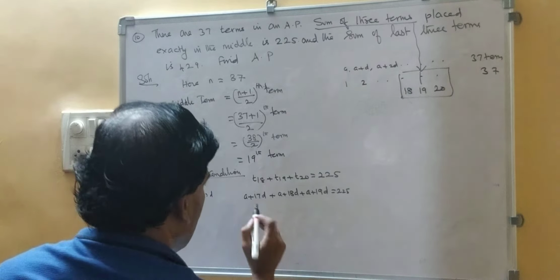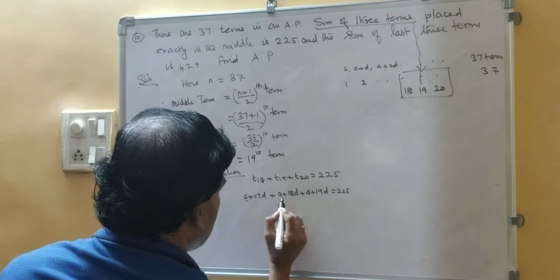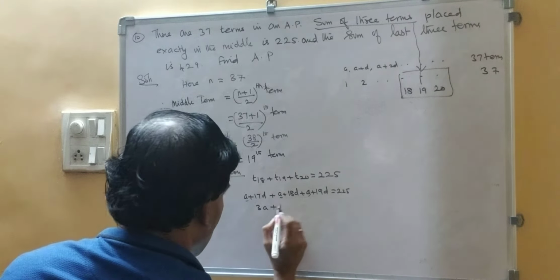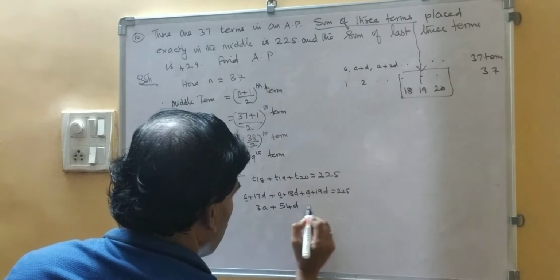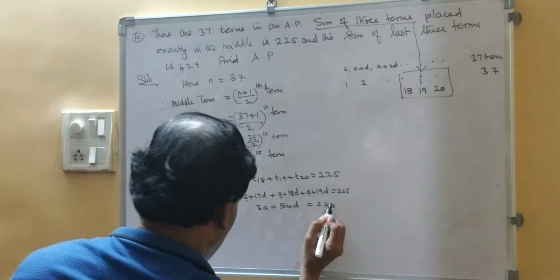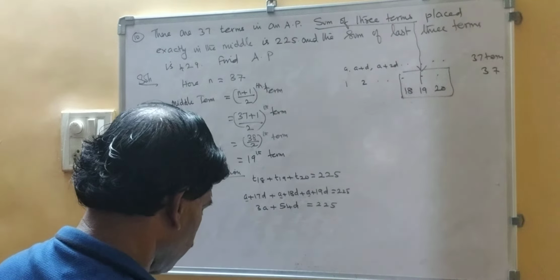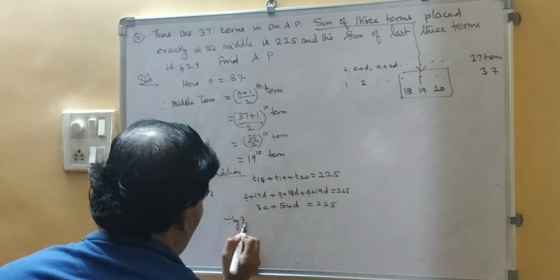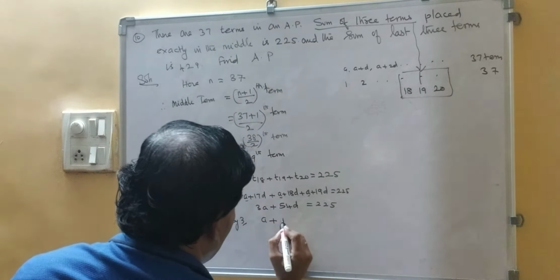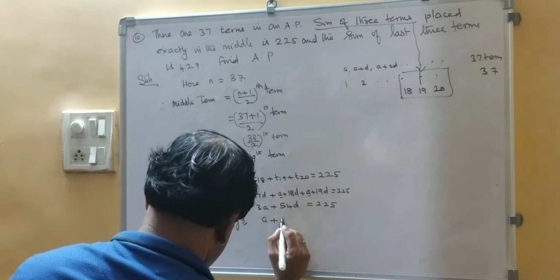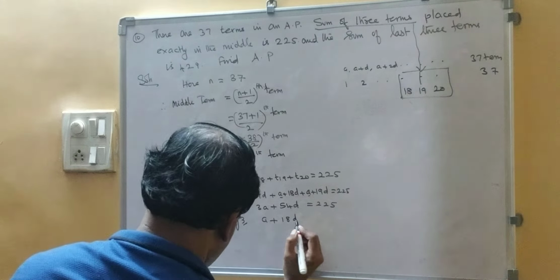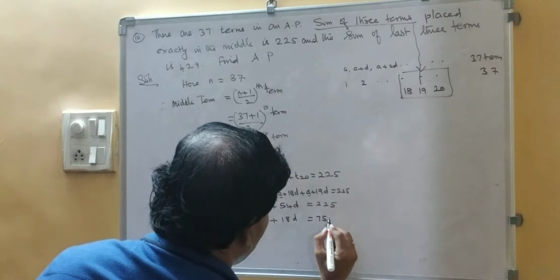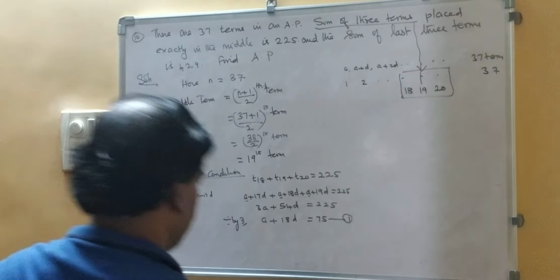Now how we will get? 3A plus 54D equal to 225. If you are dividing by 3, A plus 18D equal to 75. It is equation number 1.